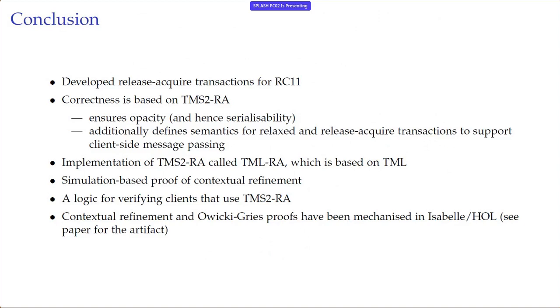Okay, other questions? I have a question. It seems like in your semantics, you're preventing reorderings inside a transaction. Because in your message passing example, you said if I put both accesses inside a transaction, then the bad execution doesn't happen, right?